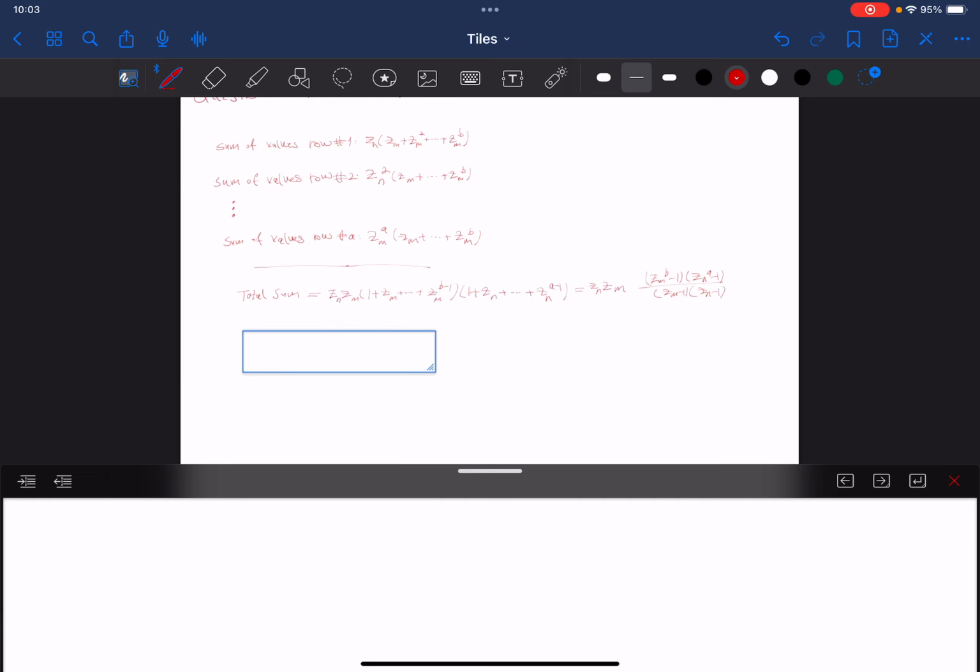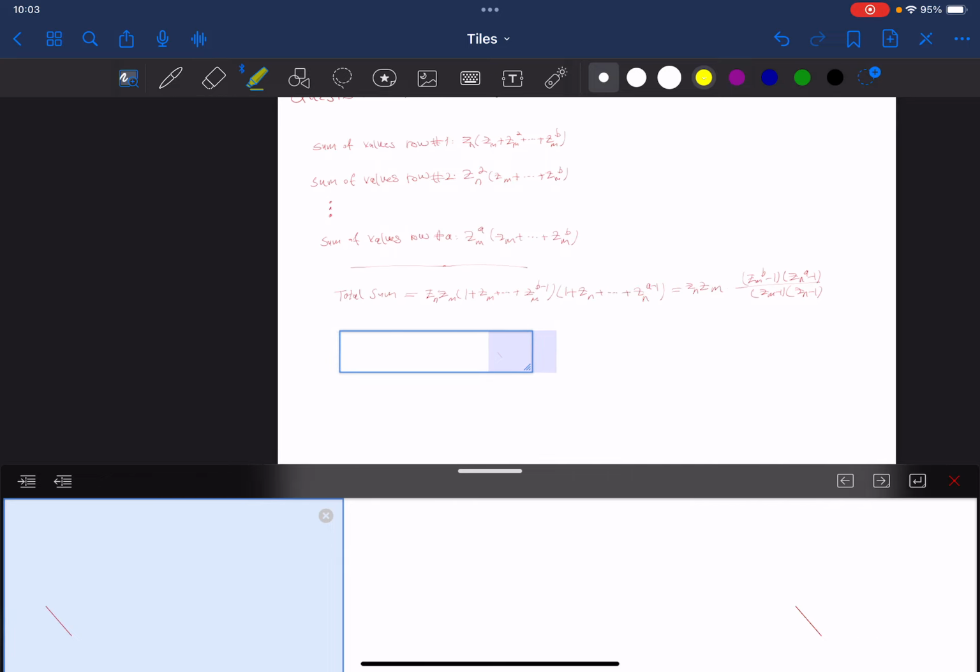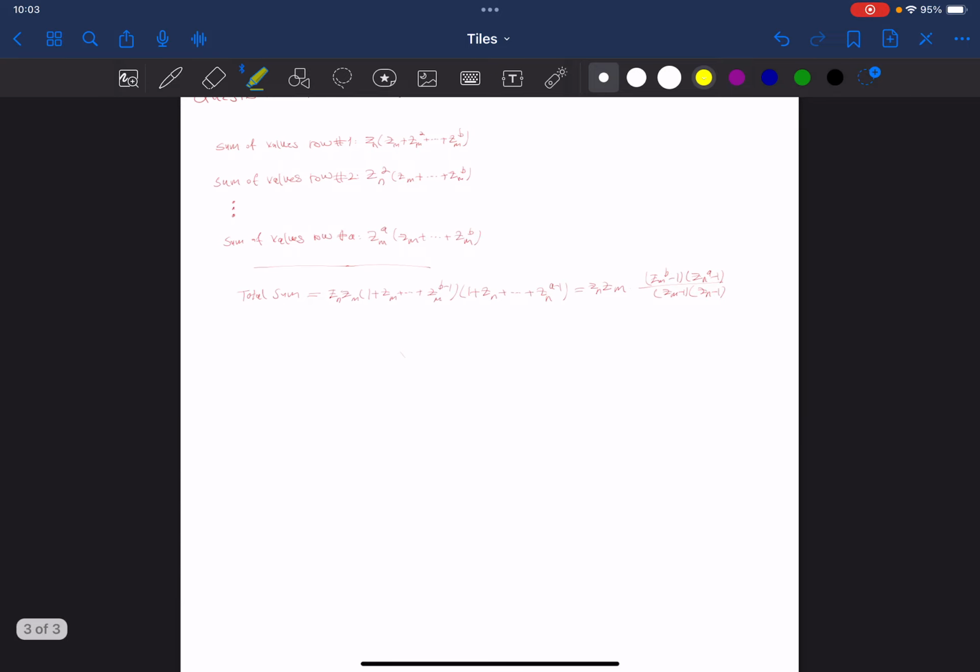Okay, sounds good. So I managed to find this total sum here. It's this value that I have here.